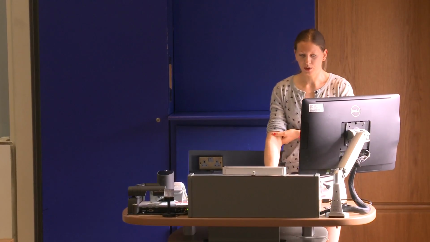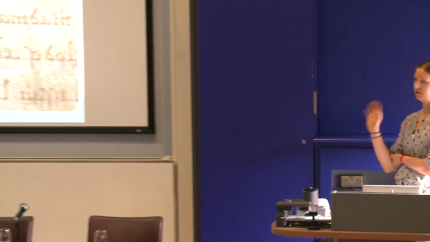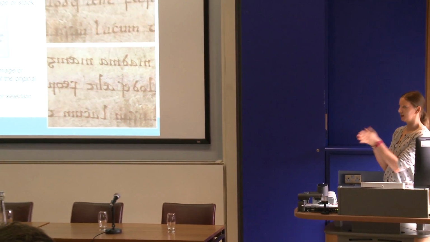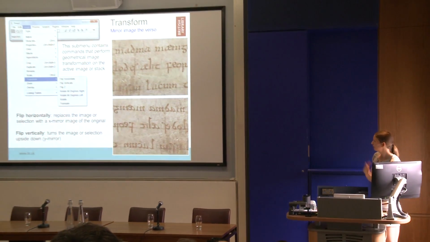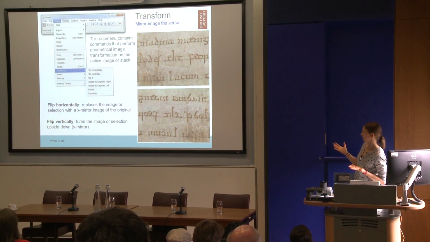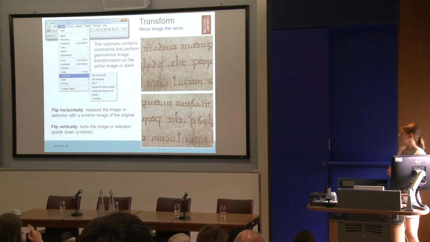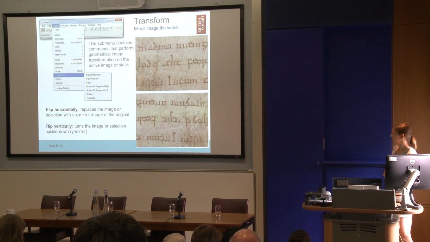They don't need to be exact. But obviously the image that we take from the recto side we're going to have to mirror because it's the back of it, so we can't overlay a direct crop. ImageJ lets us do that simply by clicking transform, flip horizontally, and then you get the mirror version of that side.